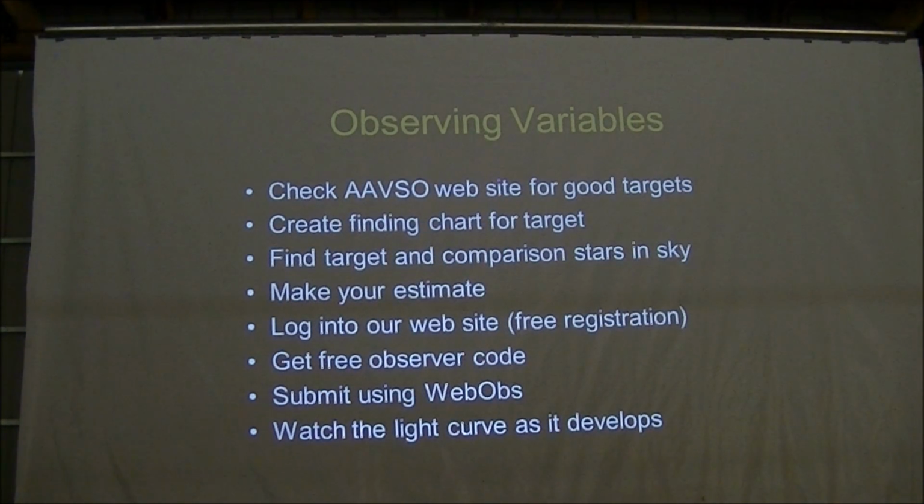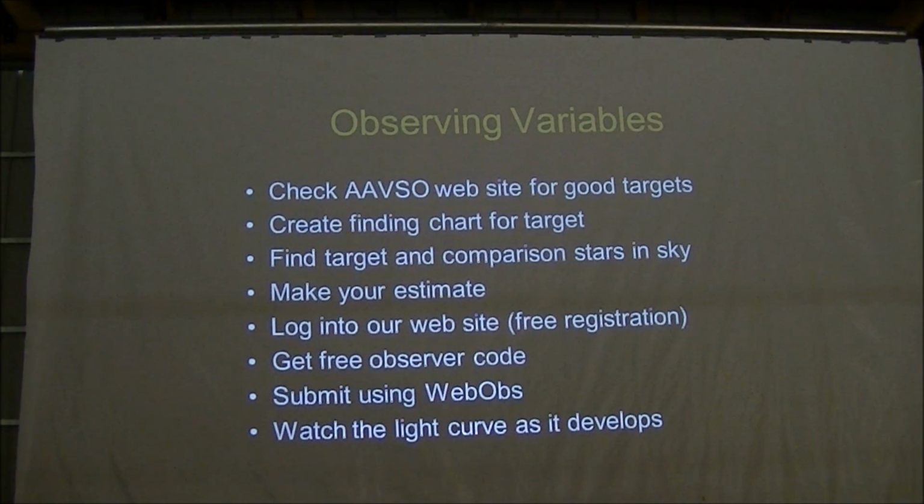So, to do variable star observing, here's a little checklist of how you go about it. And the first of these is that on our website we actually have lists of interesting stars. Stars that are currently targets of campaigns because somebody's looking at some cataclysmic variable with HST and they want to make sure that it isn't in outburst.